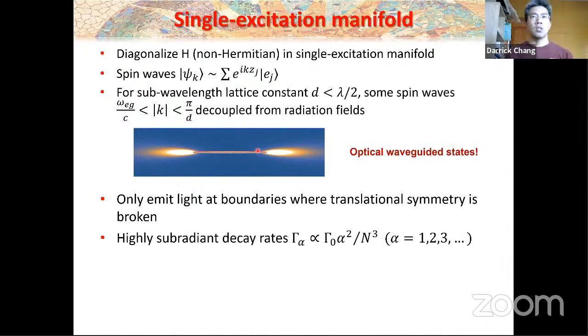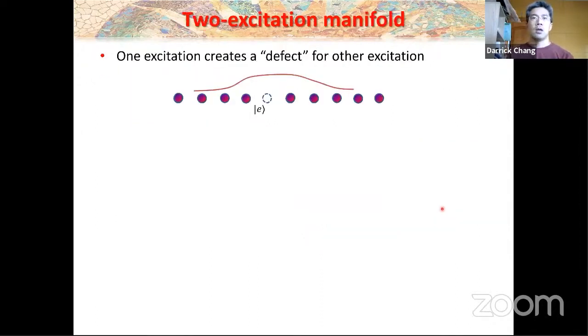And because the spontaneous emission can only occur at the boundaries, what you find is that for a finite size system, the system can actually be highly subradiant. So there are some eigenstates where the spontaneous emission rate scales like 1 over the number of atoms cubed times alpha squared, where alpha is just an index for the subradiant modes. So alpha equals 1 is the most subradiant mode, alpha equals 2 is the second most subradiant mode, and so on.